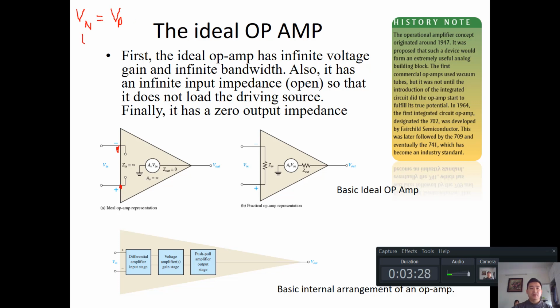And the second one is In equals Ip, the current going into the circuit at N and P, equals 0. This is the second equation.